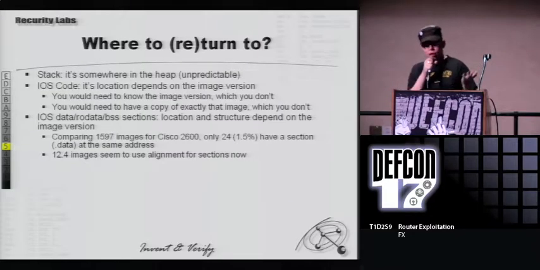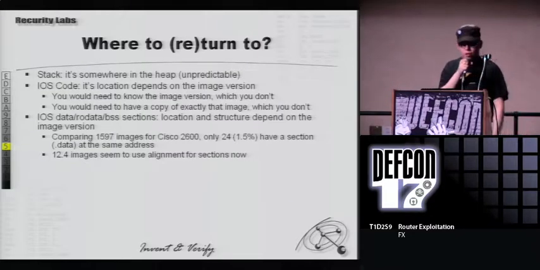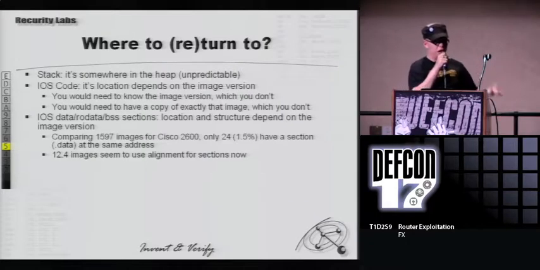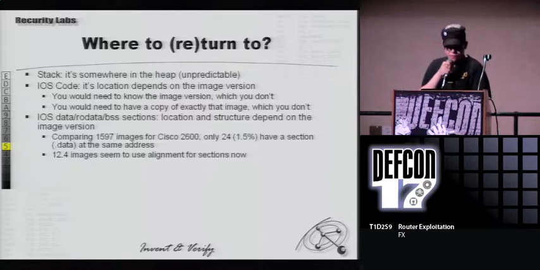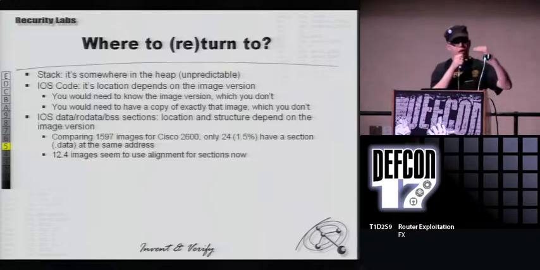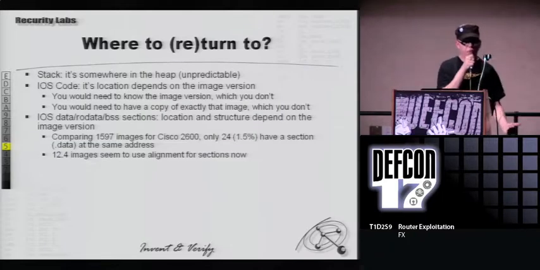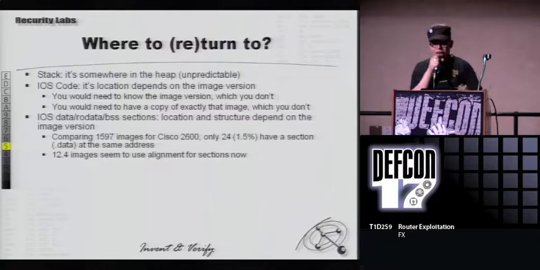So only 24 of them, so it's 1.5%, have a section on a common address, which is the data section, which doesn't mean that it contains the same things, right? Interestingly enough, in 12.4, they actually started to align things in their images, so I'm seeing proof that they're working on a build process. Stop that.